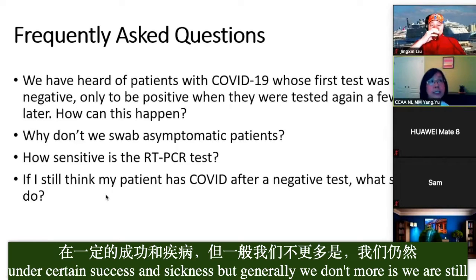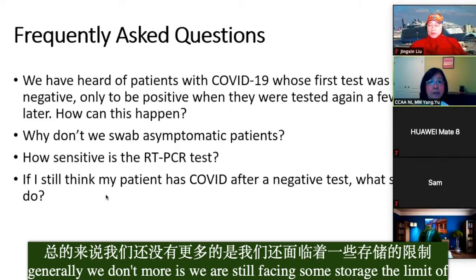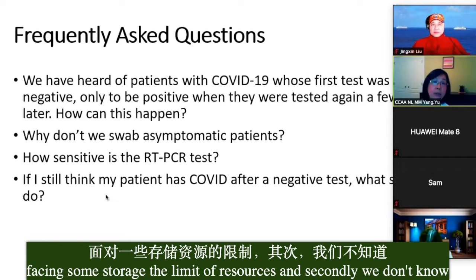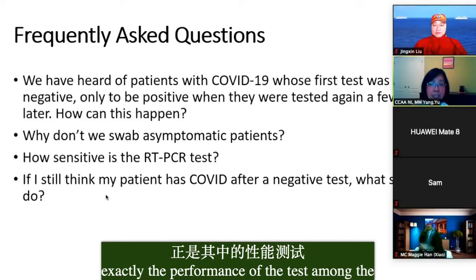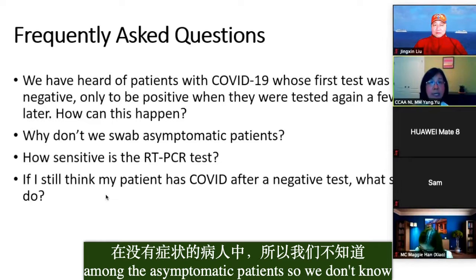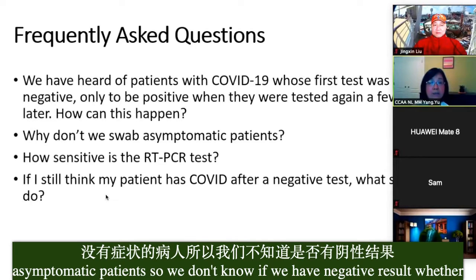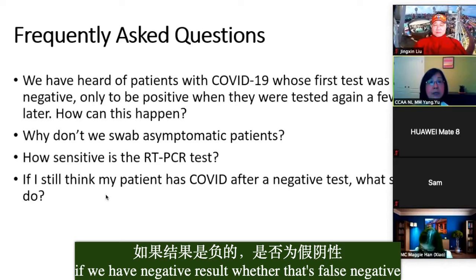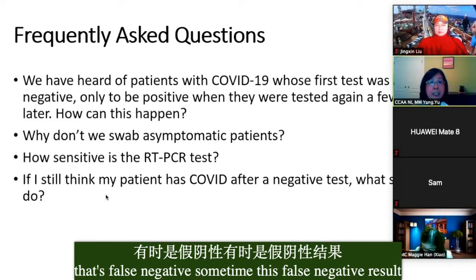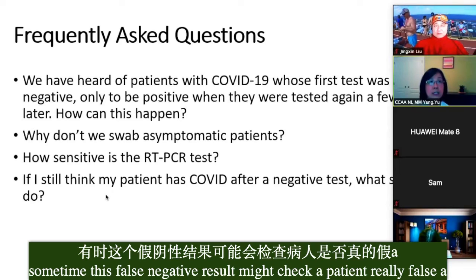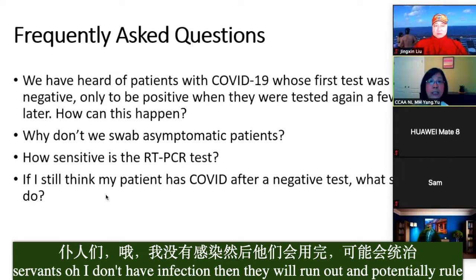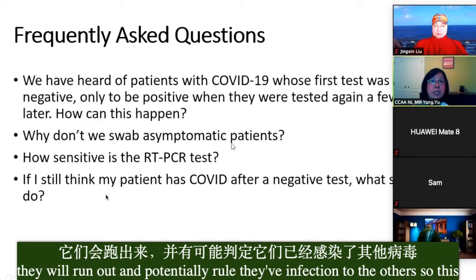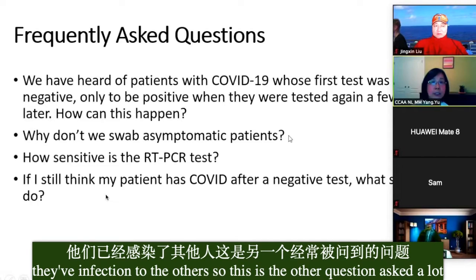One reason is that we are still facing some shortage, a limit of resources. Secondly, we don't know exactly the performance of the test among asymptomatic patients. So if we have a negative result, we don't know whether that's a false negative. A false negative result might give the patient false assurance, thinking, oh, I don't have an infection. Then they will run out and potentially give the infection to others. So this is another question asked a lot.